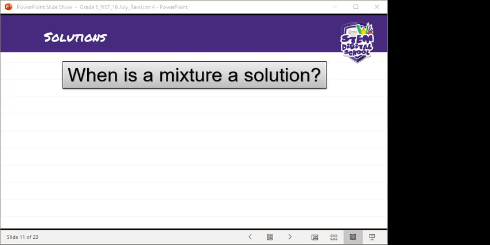Ma'am, a mixture is a solution when you mix the... Ma'am, I'm not sure. You're not sure. Do you have your textbook in front of you? Yes, ma'am. Okay, check for me in the textbook. What does your textbook say?